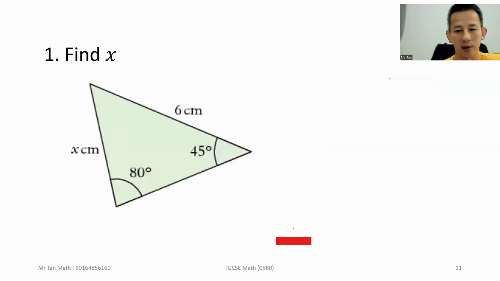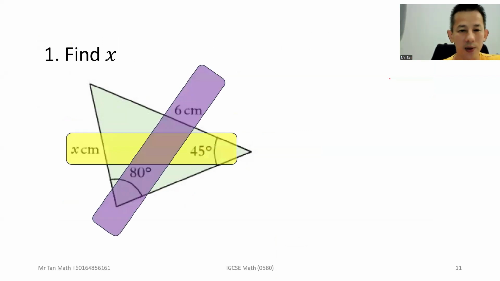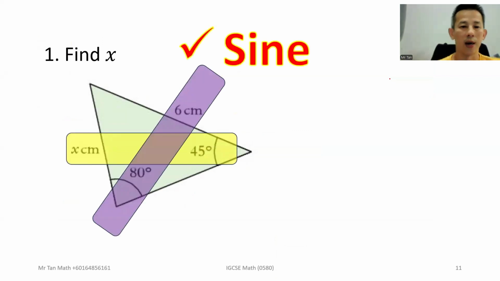Let's try this question. So first, the triangle is given, then you check the information. You have one pair here and one side. So we use sine rules. Just label this as A, this as a, this as B, this as b.